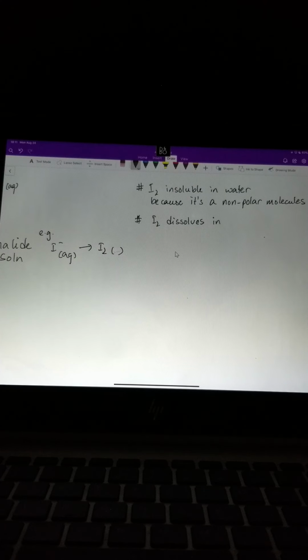Iodine dissolves in iodide solutions. So I minus plus I2 forms this complex ion. What is the ion? Called triiodide. This is the reason for the brown solution.